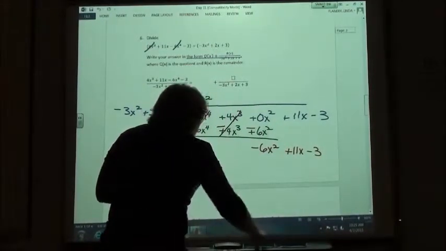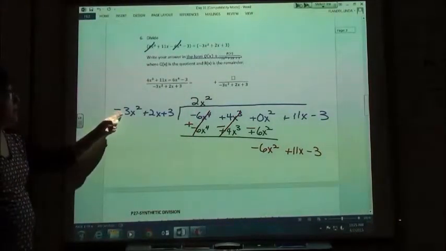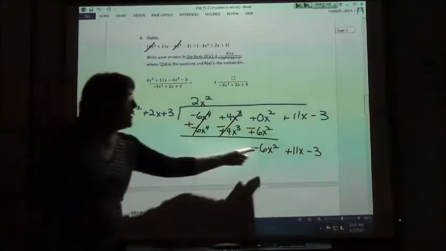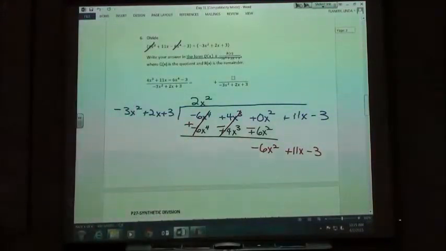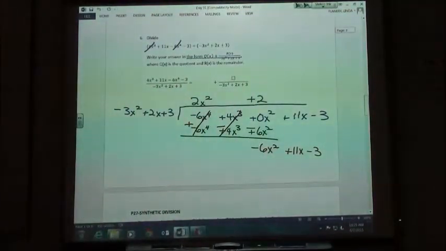Exactly. So now, I'm taking what times negative 3x squared to get a minus 6x squared? Just a 2. It's going to actually go right there because we got to skip that term there because it canceled out. Plus 2.